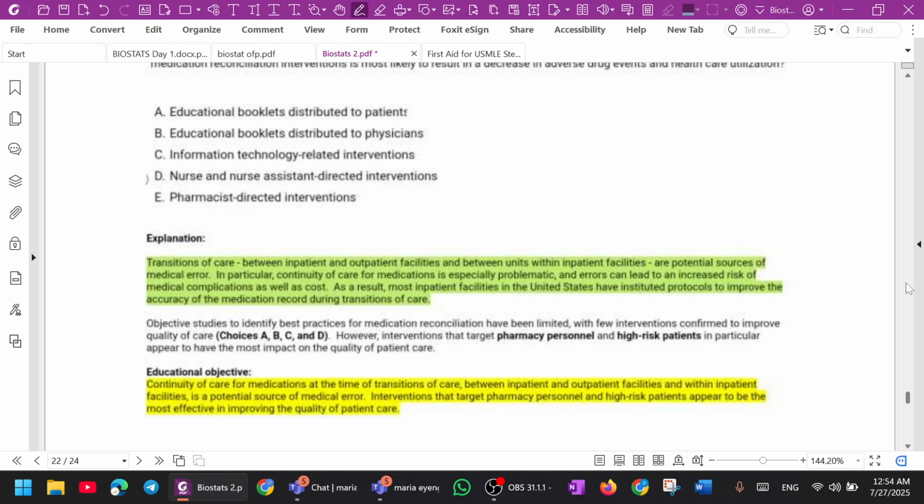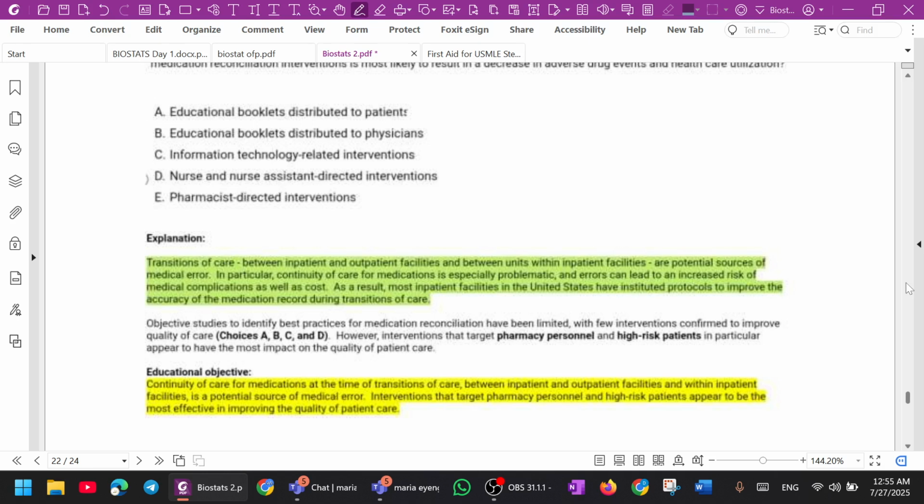As a result, most patient facilities in the United States have instituted protocols to improve the accuracy of medication during transition of care.